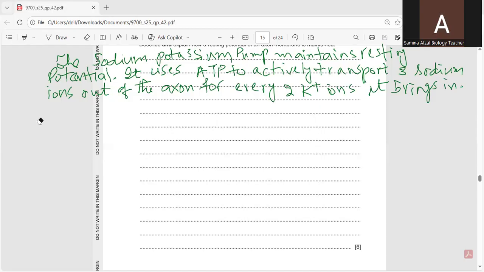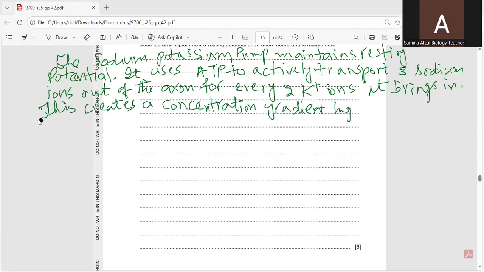This creates a concentration gradient: high sodium ions outside and low potassium ions inside.